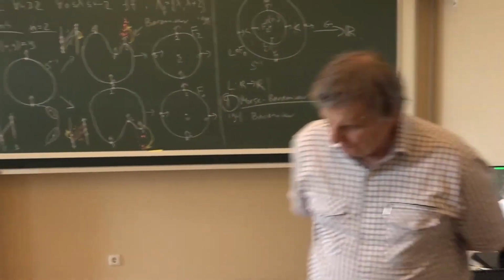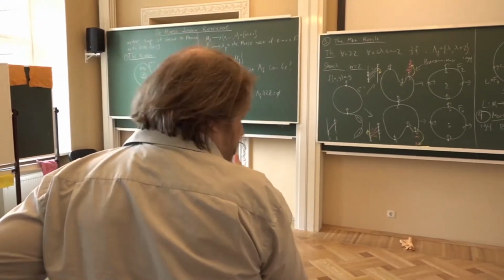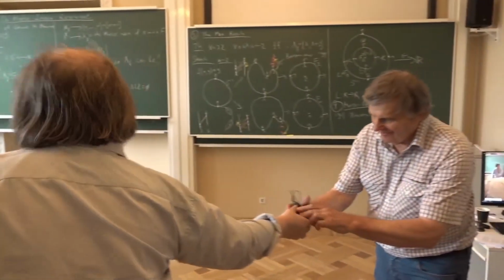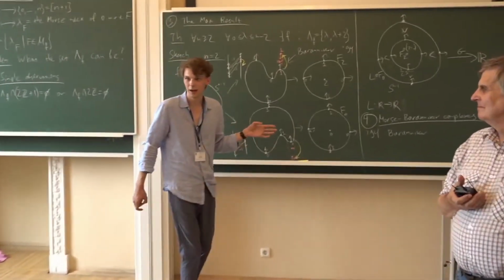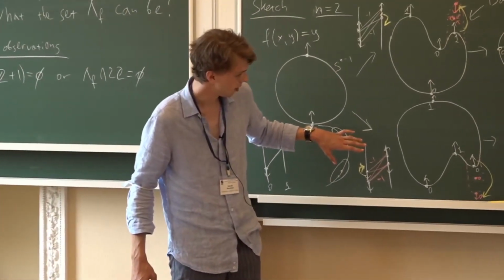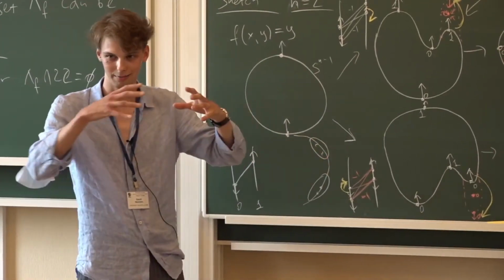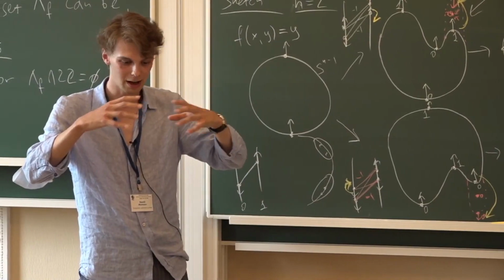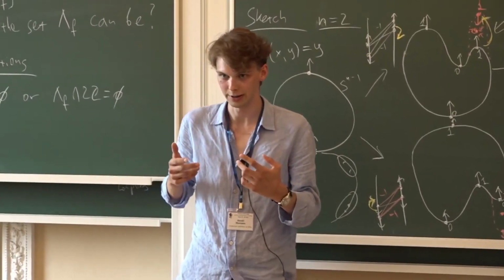Do you have examples where this set is bigger than 2 elements? No, not yet. Not yet. Okay, thank you. Yeah, but if you look at the Morse-Barannikov complexes, then there are some metamorphoses of them that allow you to get more than 2 different indices.